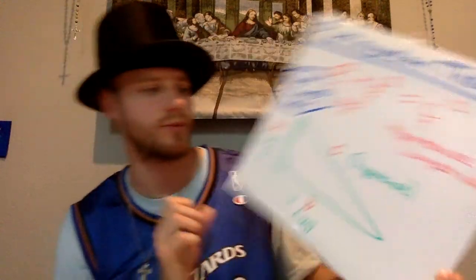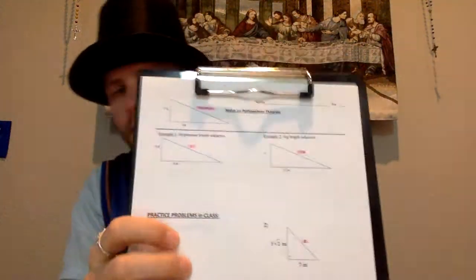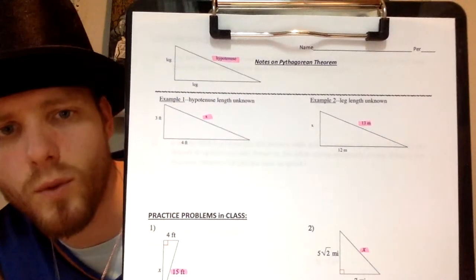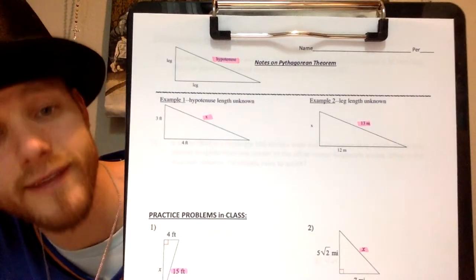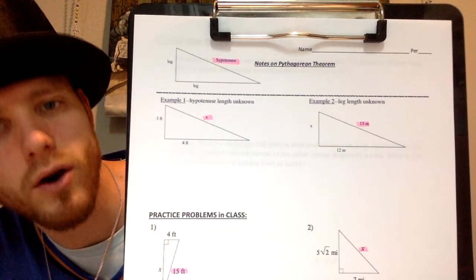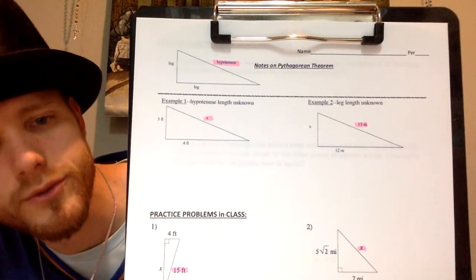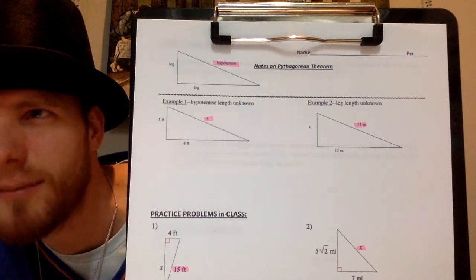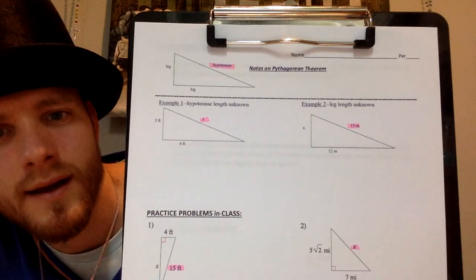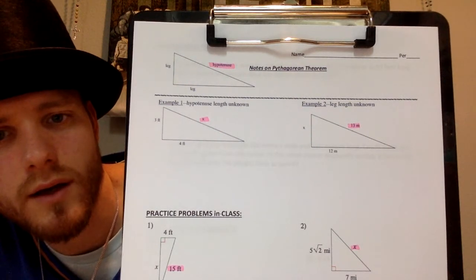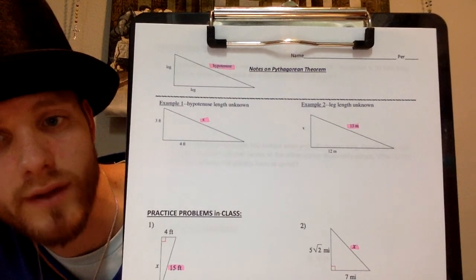But let's do some examples. So we're going to do example 1. Now, for your convenience, I highlighted all of the hypotenuses on this worksheet.